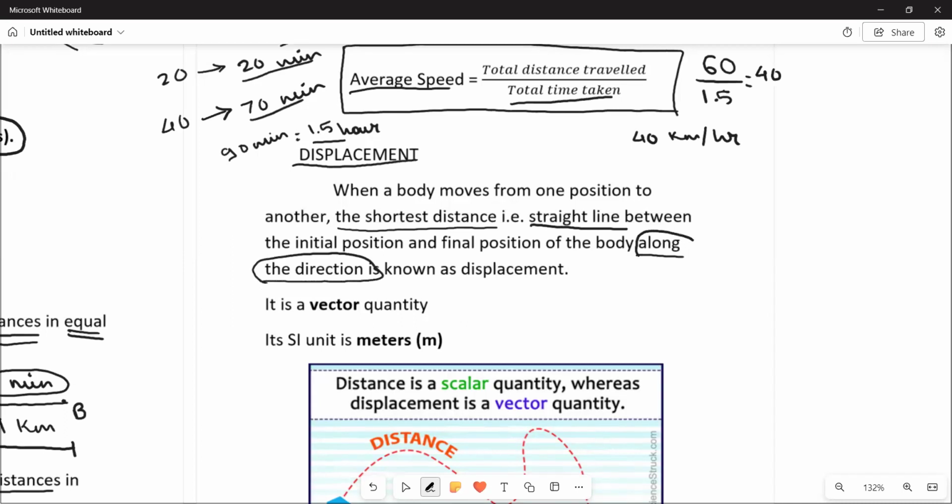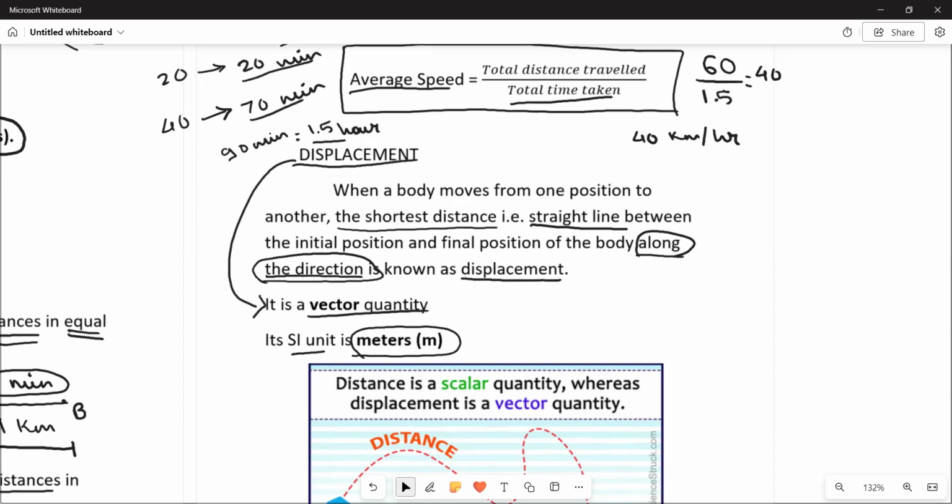This is known as displacement, and as the direction is taken into consideration, we say that displacement is a vector quantity, and to measure displacement we use the standard unit meters.